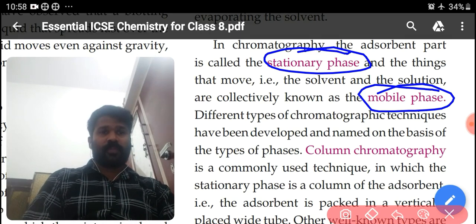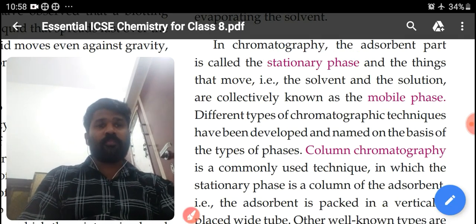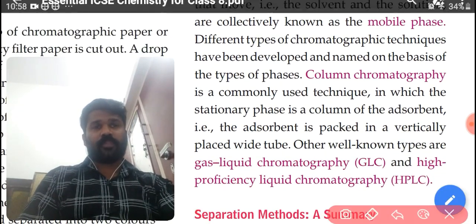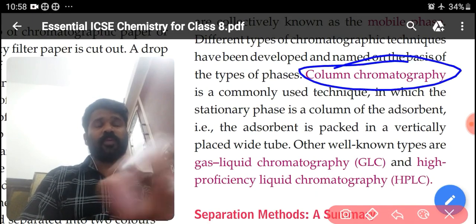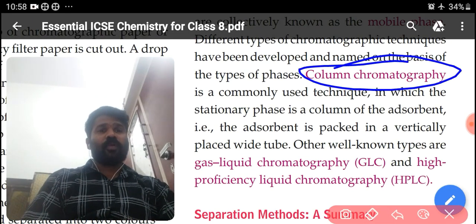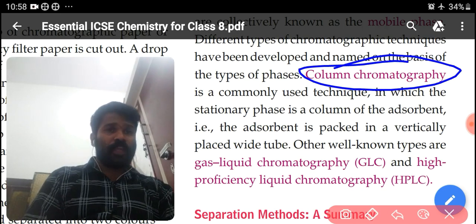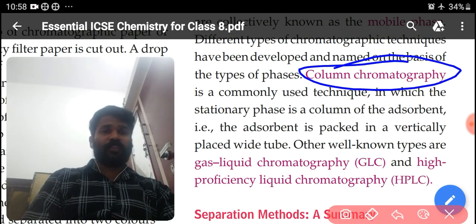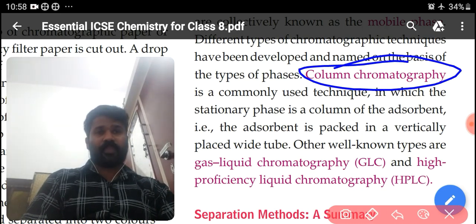One type is called column chromatography. It is a commonly used technique in which the stationary phase is a column of the adsorbent, that is, the adsorbent is packed in a vertically placed wide tube.